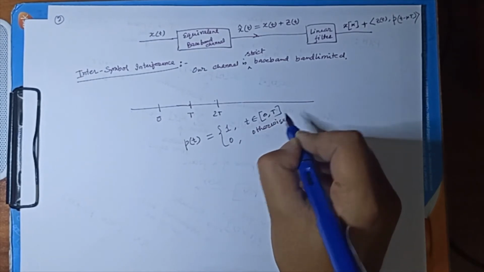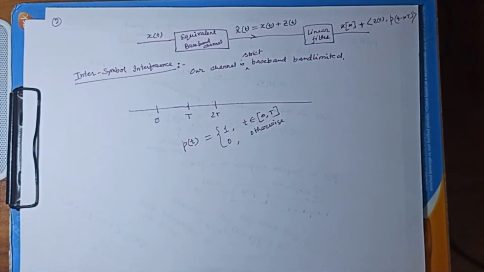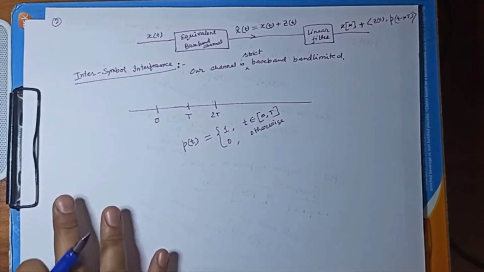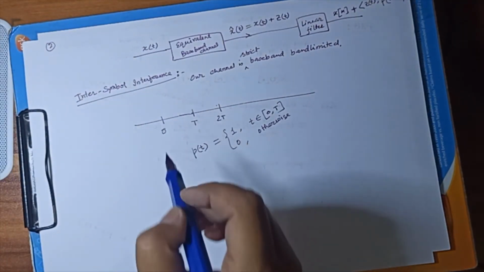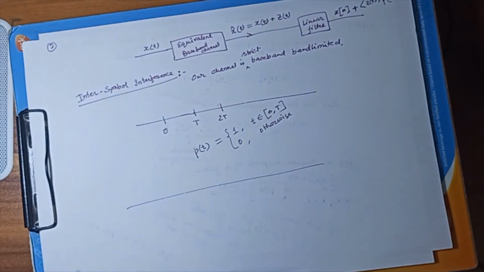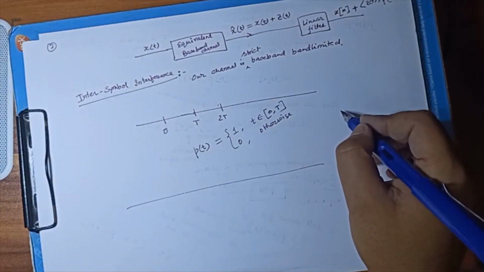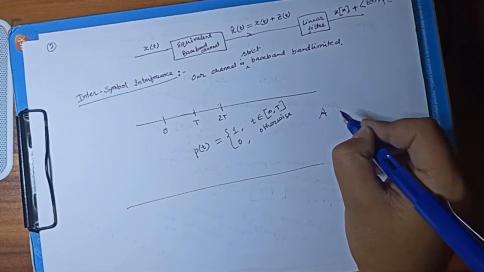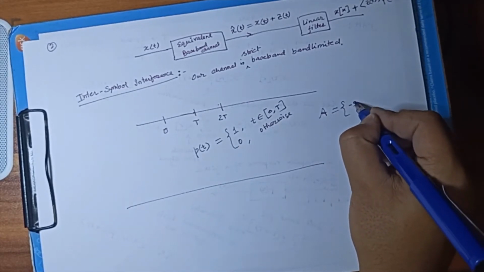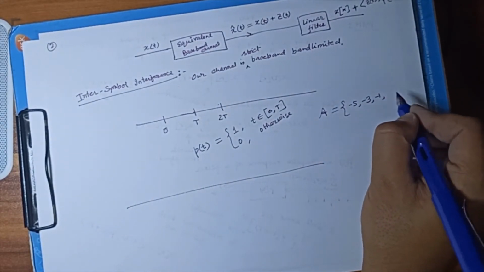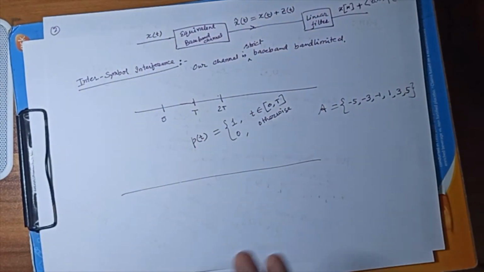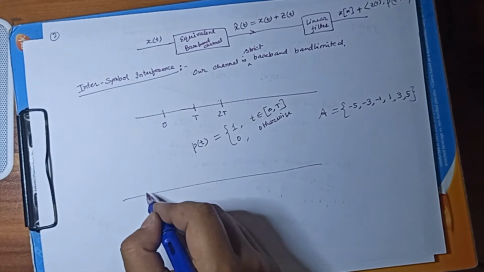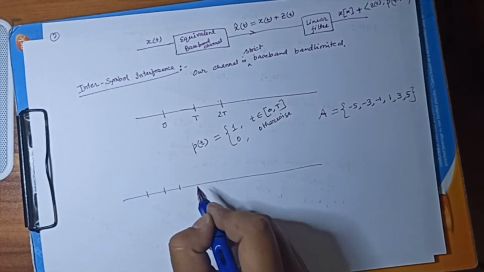If it is clearly rectangular, then how does the waveform look like? Suppose the alphabet is -5, -3, -1, +1, +3, +5. Suppose there are 6 symbols in the alphabet, and you are getting different values in different intervals.